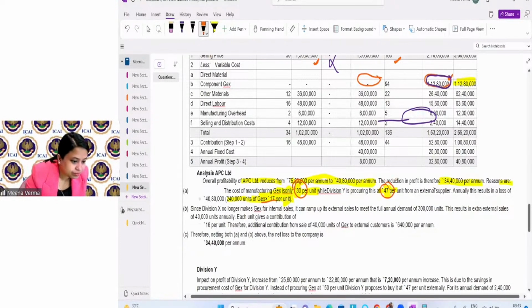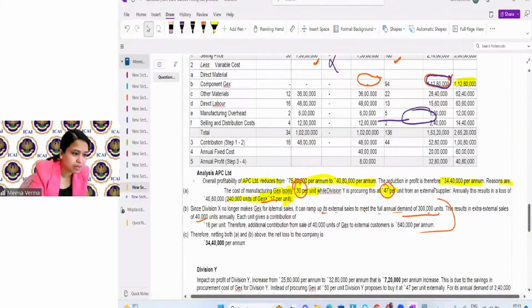Okay. अभी फिर यहाँ पे I told you that 2 lakh के लिए तो we had a spare capacity for 40,000 unit. The cost will be increased, but that's okay. Even that will not increase the cost that much. So since X no longer ejects internal sale, it can ramp up the external sale to meet up the 3 lakh.